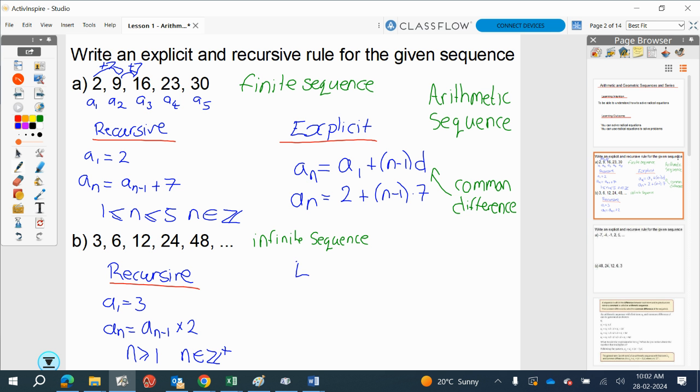How about explicit? I'll put the general formula up. It's useful for these ones. So we need the first term times what we call the common ratio, r. How many lots do we need? Is it n? n plus 1? n minus 1? Minus 1. Why n minus 1?